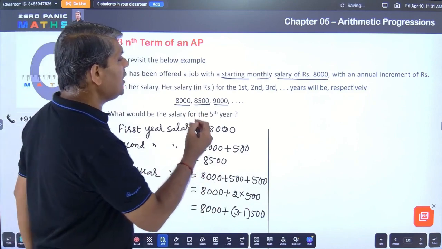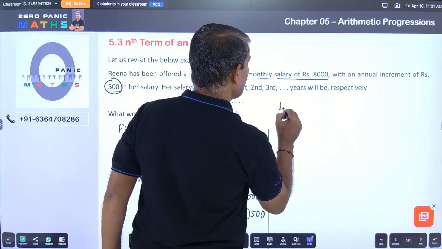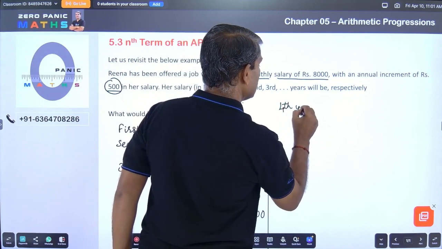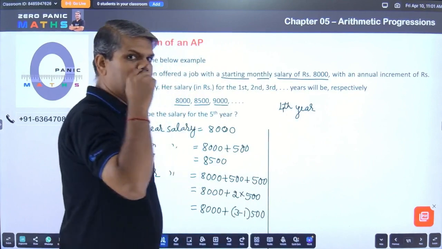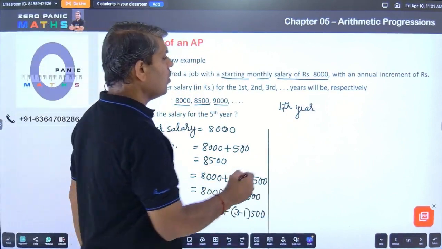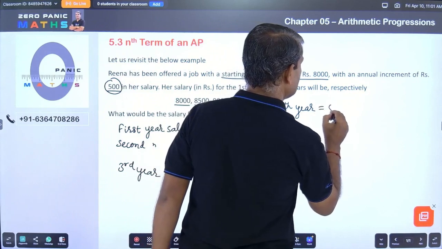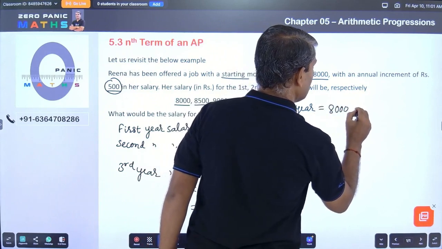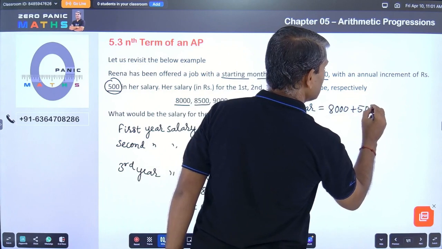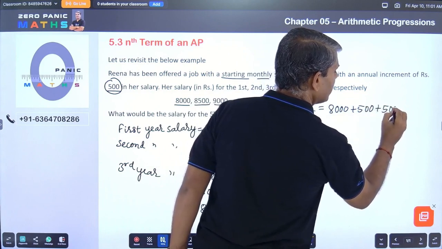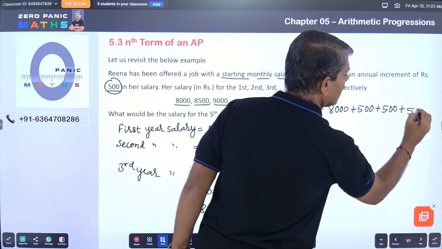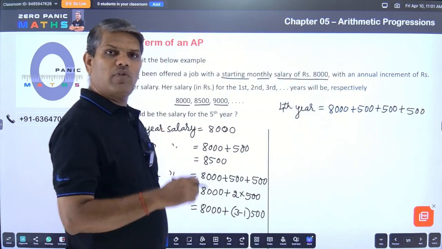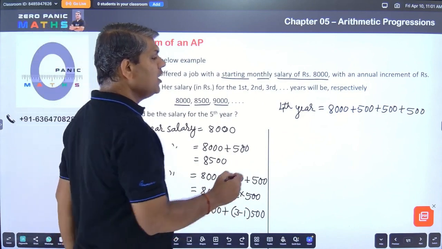Now similarly, if I consider it for the fourth year, what will be the salary for the fourth year? It is 8,000 plus 3 times the increment value. Is it fine? 3 times the increment value is going to be added for the fourth year.